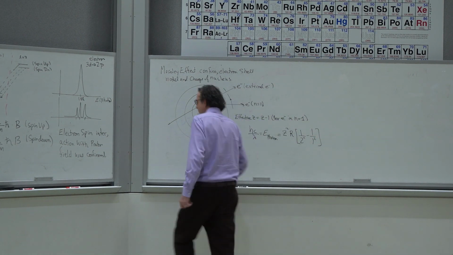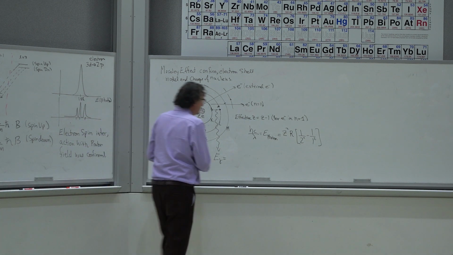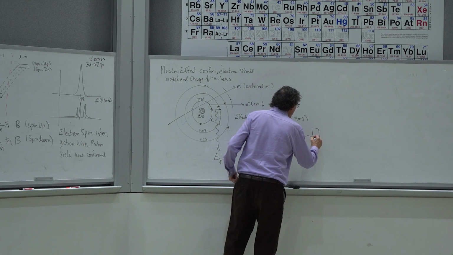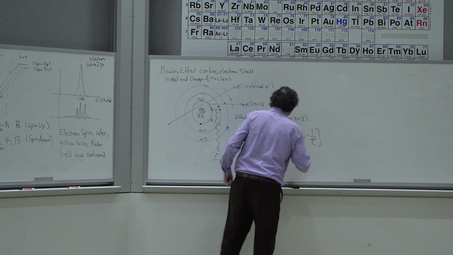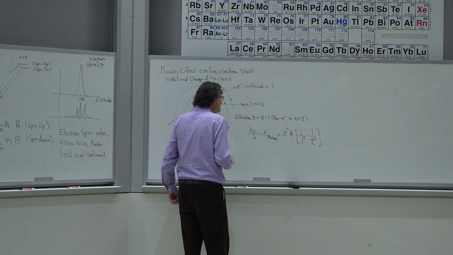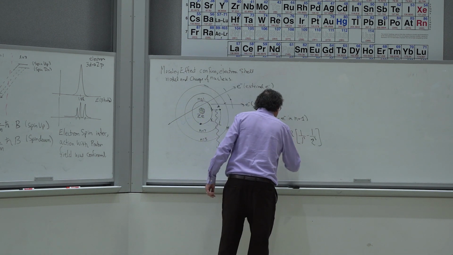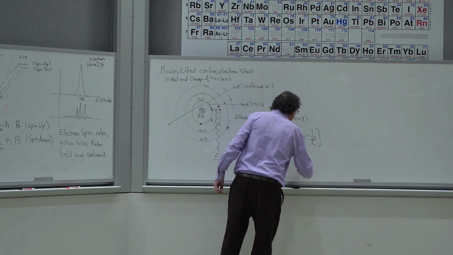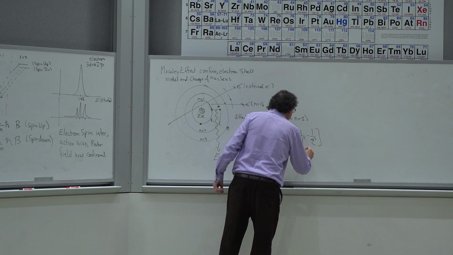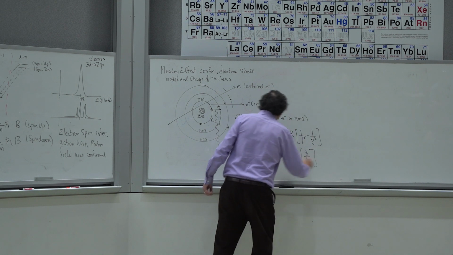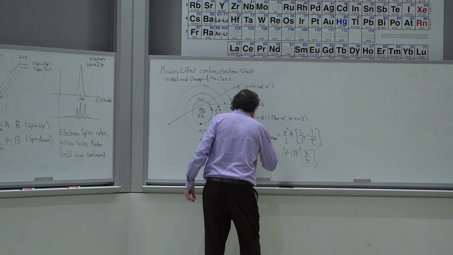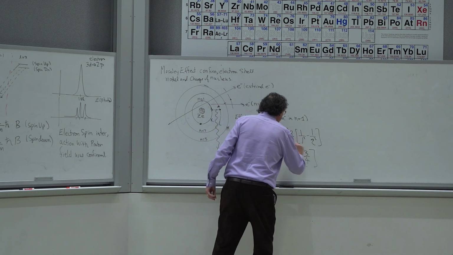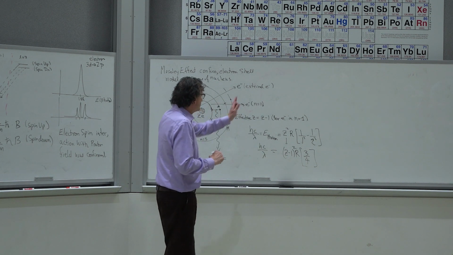Or actually, the negative of that, I'm sorry: 1 over 1 squared minus 1 over 2 squared. Now I'm going to replace Z with Z minus 1, and this becomes 3/4 once I do that.